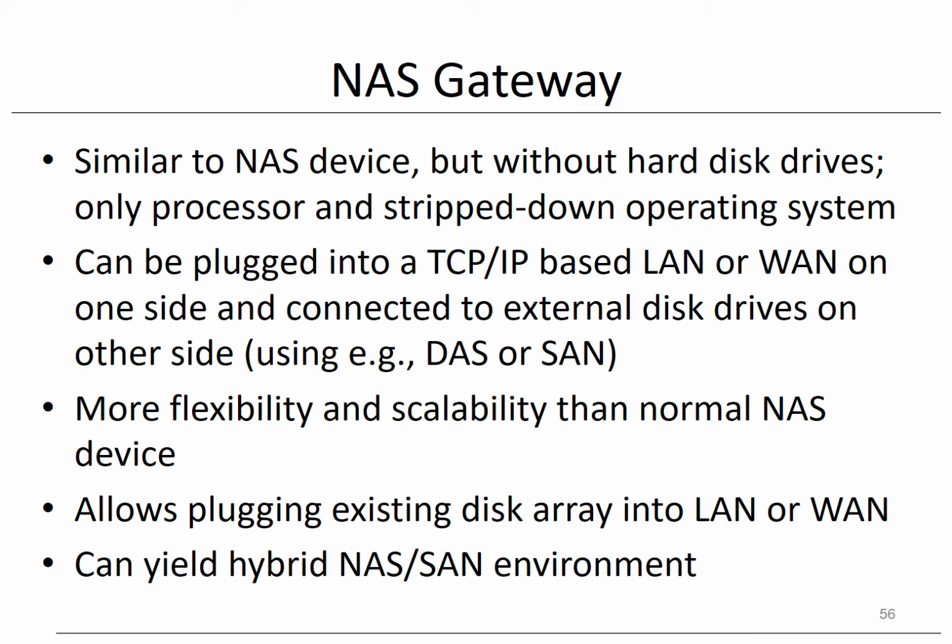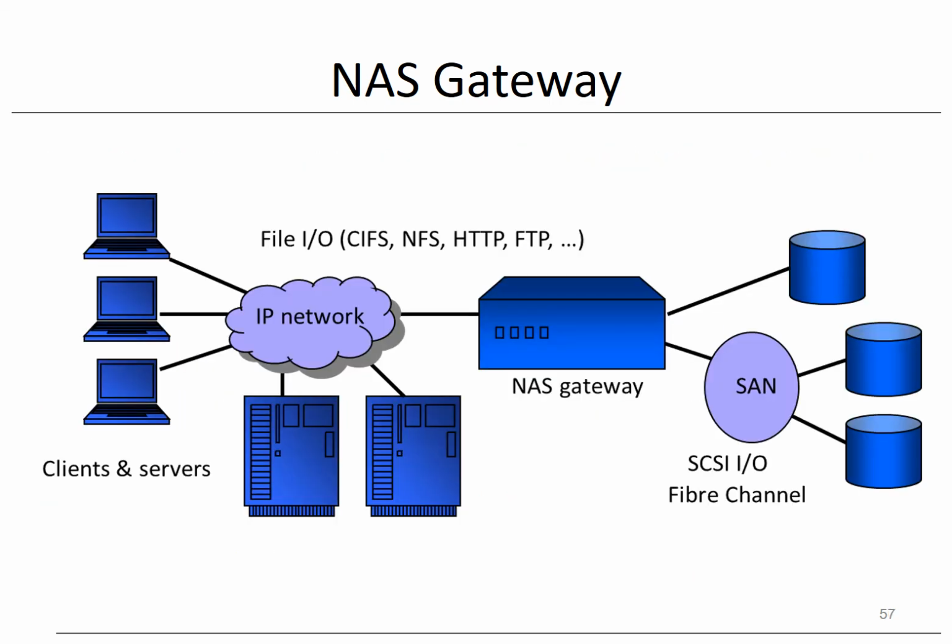As such, a NAS Gateway can yield a hybrid NAS-SAN environment, where an existing SAN can also be accessed on file level from a LAN or WAN through the NAS Gateway acting as a front end. Here you can see a NAS Gateway illustrated.